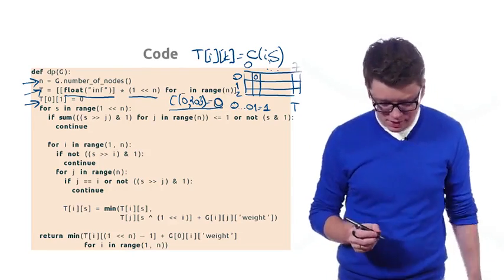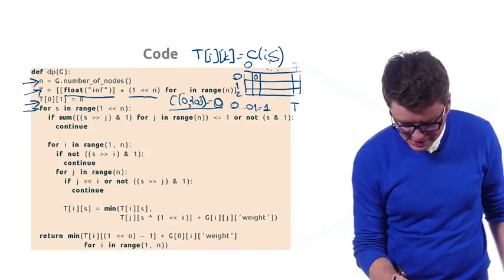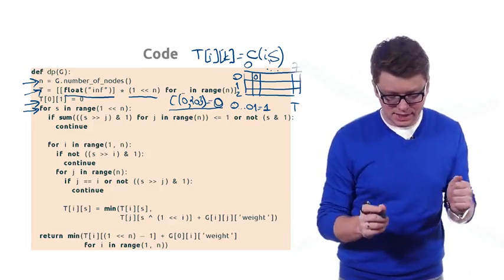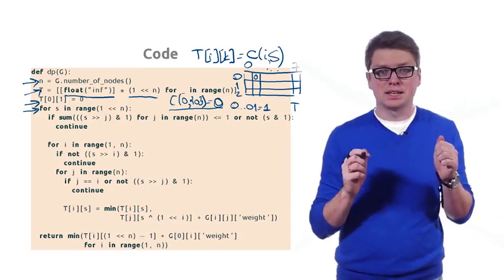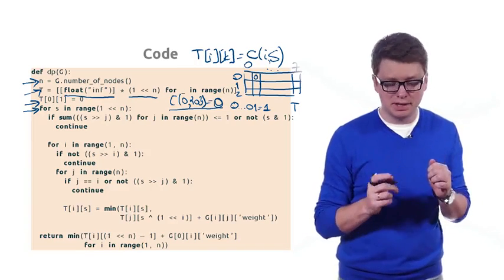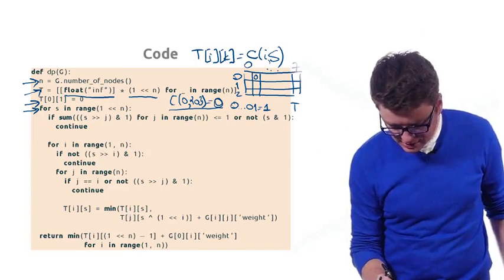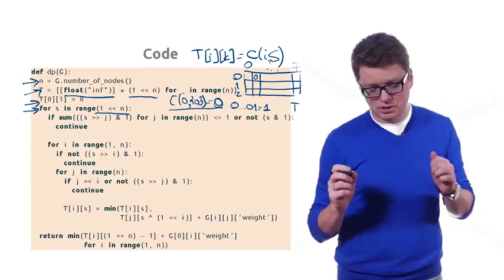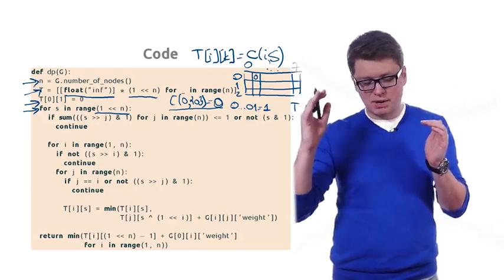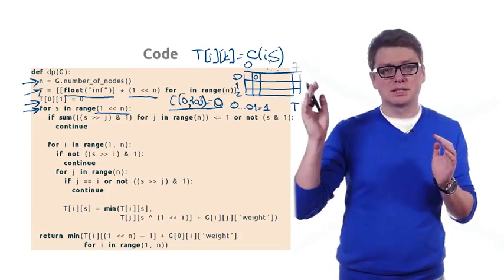Then what is happening in the next line is that we range through all sets, through all numbers S, starting from 0 and ending with 2 to the n minus 1. Once again, this is just 2 to the n. And recall that in Python, the right boundary of the range is exclusive, right?